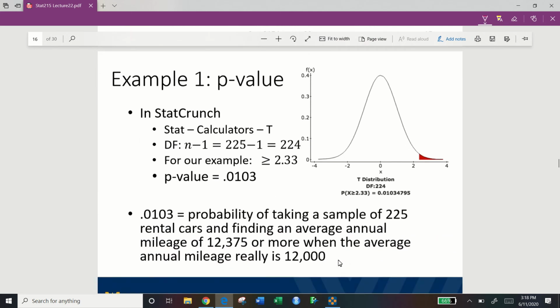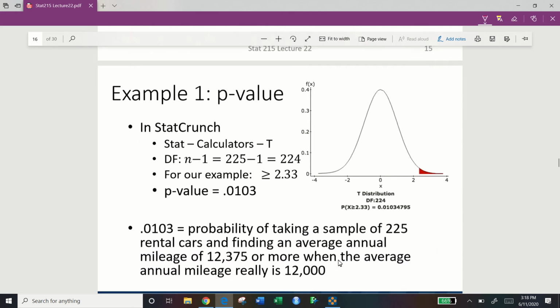Using StatCrunch, we can go to Stat, Calculators, T, and type in our degrees of freedom. For our example, we will have that x greater than or equal to our test statistic, hit compute or enter, and we will get a p-value of 0.0103.